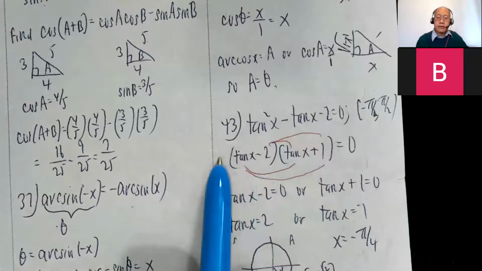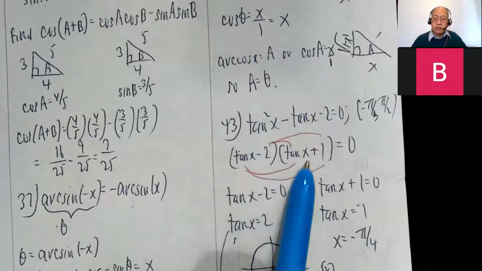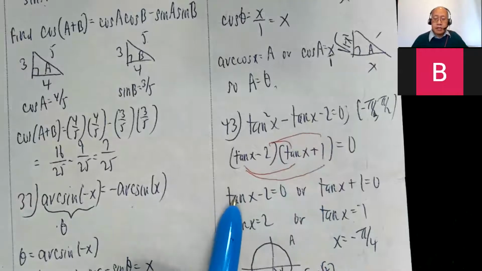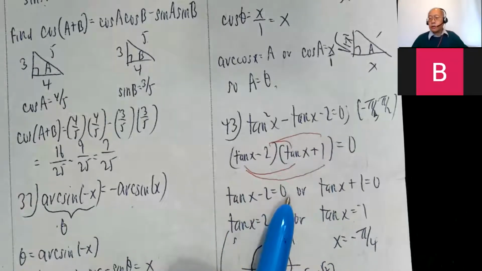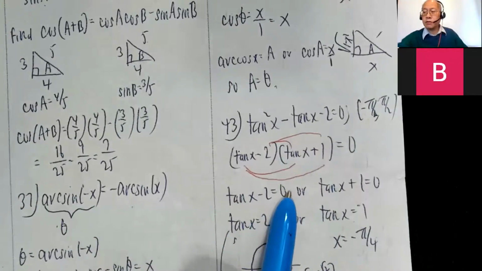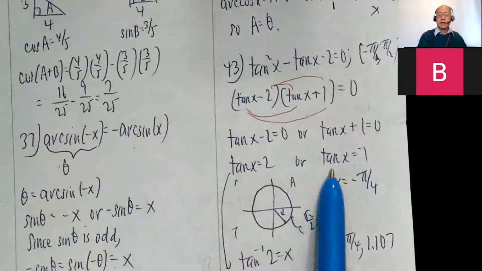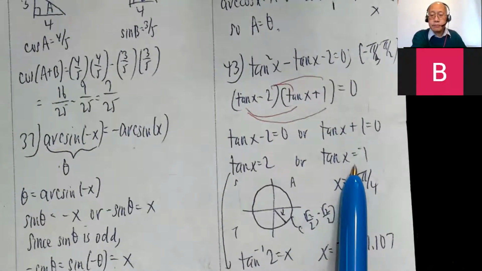You factor: tan x minus 2, tan x plus 1 equals 0. That means tan x minus 2 equals 0, or tan x plus 1 equals 0. This gives me tan x equals 2, or tan x equals negative 1.